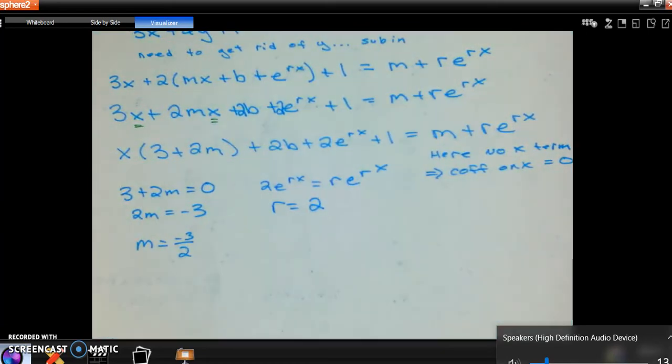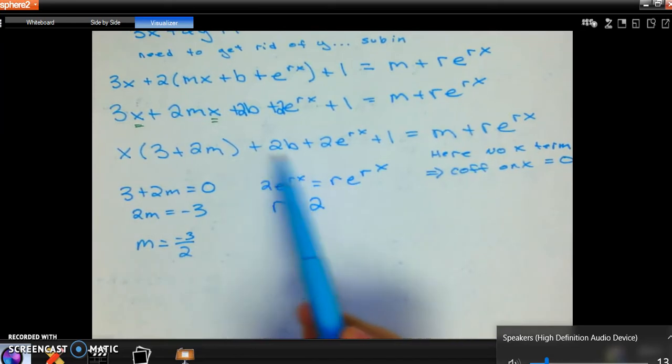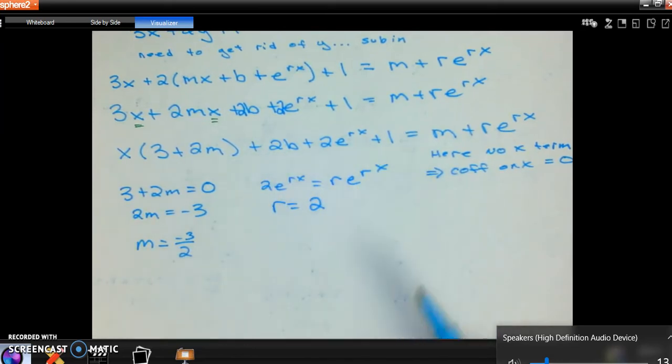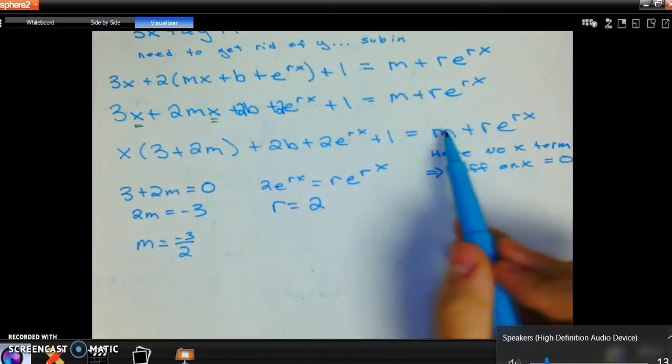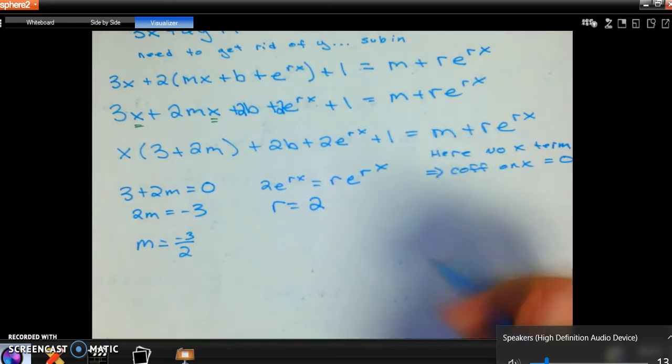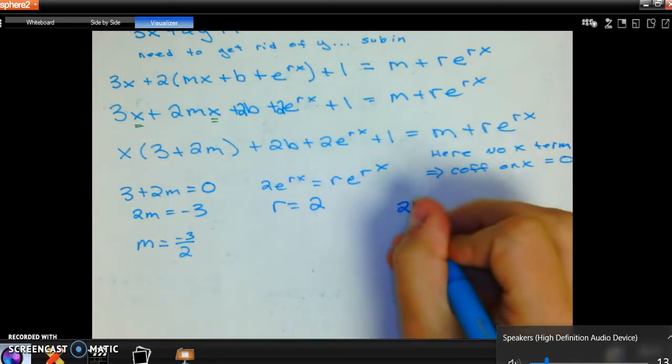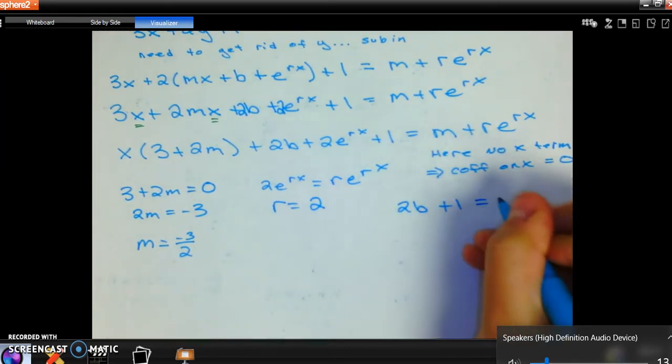Okay, so for that last piece, I have those two pieces that I have not used yet, okay? So the two things that I haven't used up here, right? I haven't used this 2b, and I haven't used the +1. So what does that tell me? Well, what's the only thing that's left? It's the m. So now I also know that 2b plus 1 equals m.